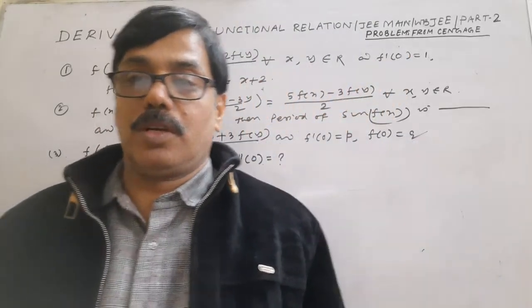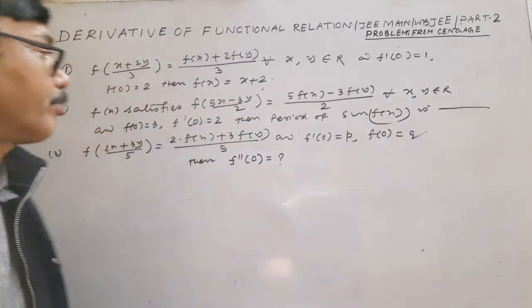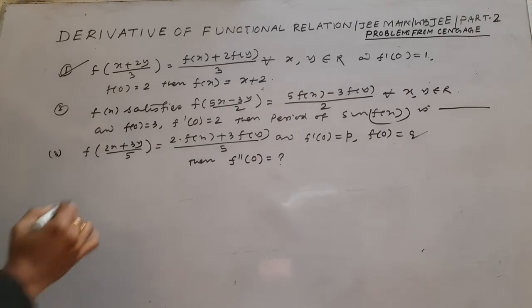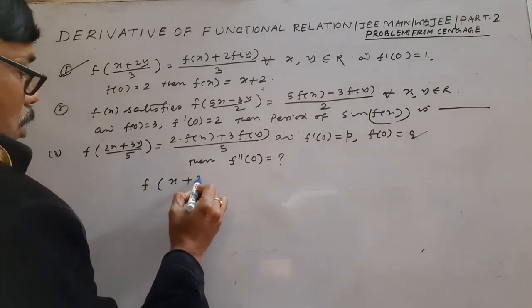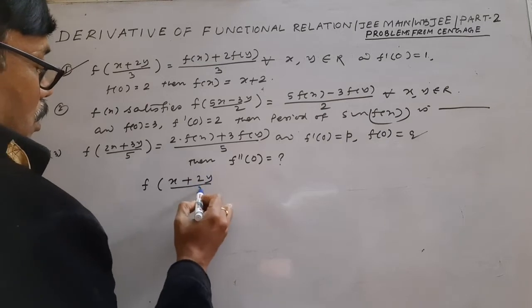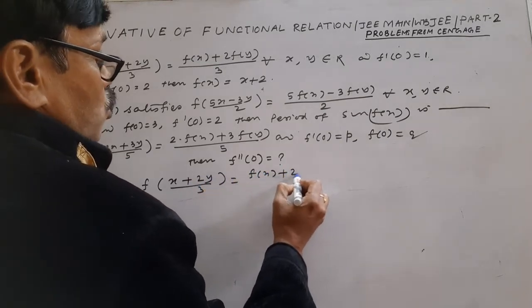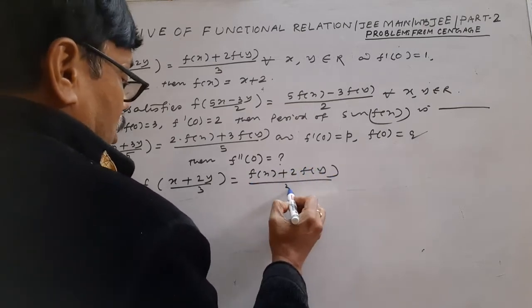Now we consider some applications of the above result. Now problem number 1. f satisfies f((x + 2y)/3) = (f(x) + 2f(y))/3.